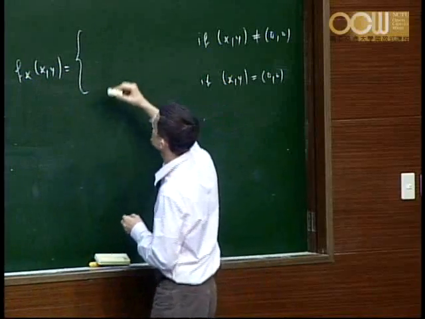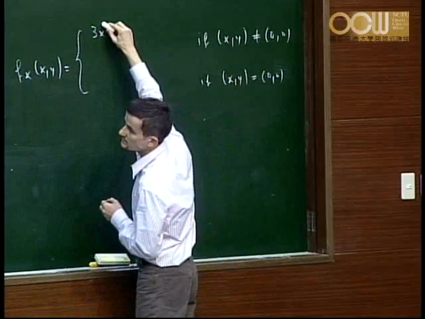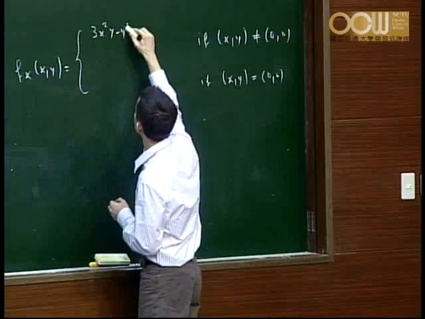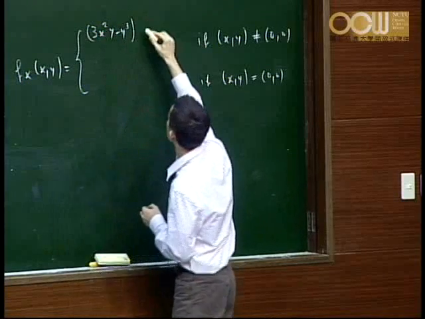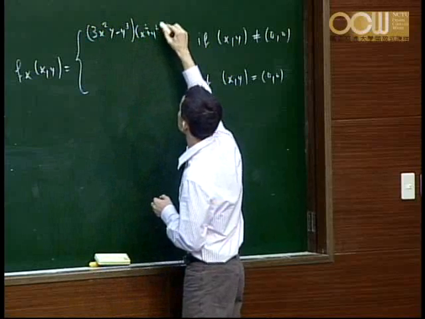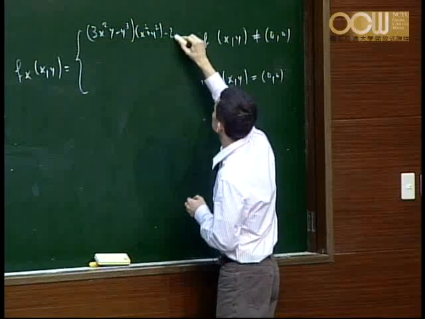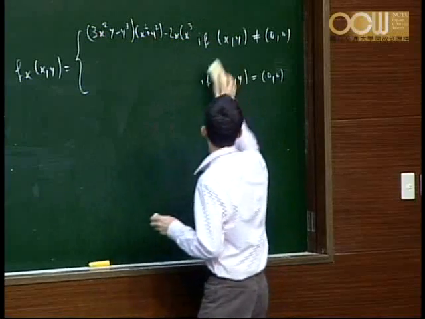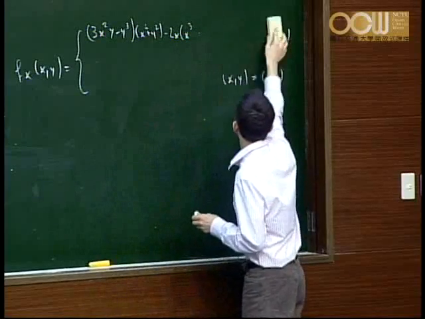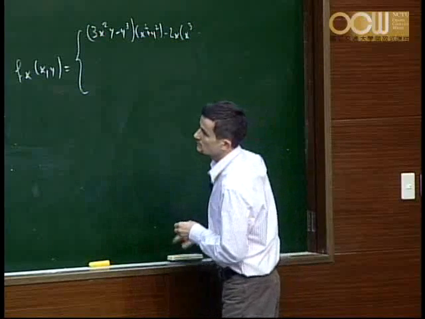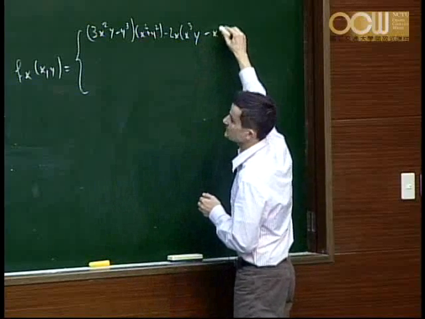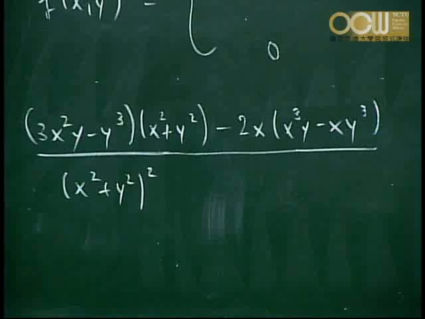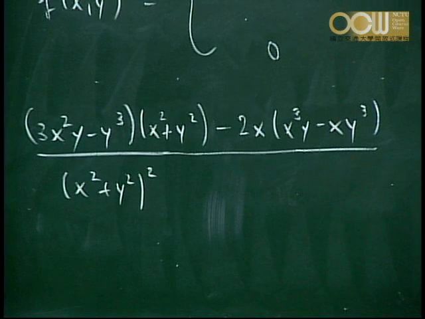So we have this 3x squared y minus y to the cube, and then we have x squared plus y squared minus 2x, and then we have x to the cube y minus x y to the cube over x squared plus y squared squared.